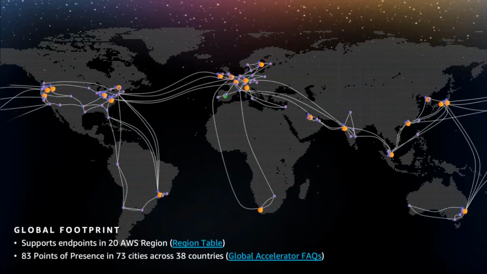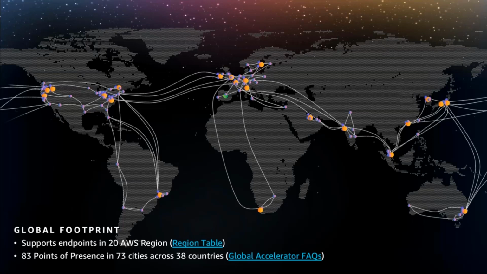So this is a quick overview of our global footprint. I mentioned you can put load balancers or EC2 instances in multiple regions. Currently, we support endpoints in 20 AWS regions. These are commercial regions outside of China. The AWS region table has the updated list.